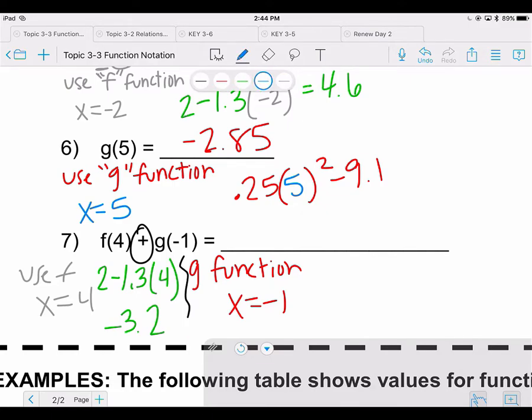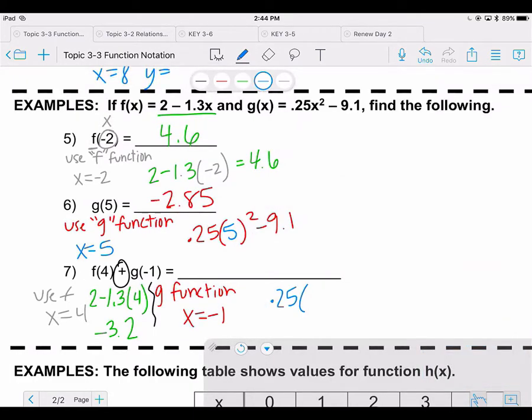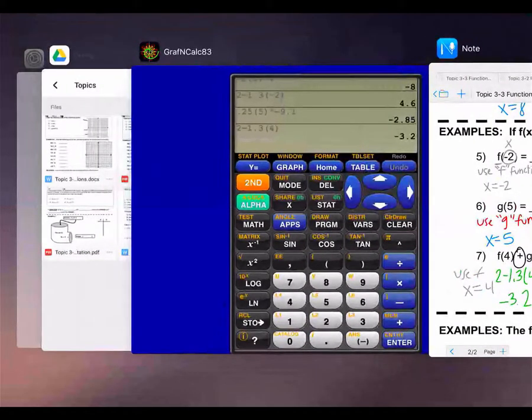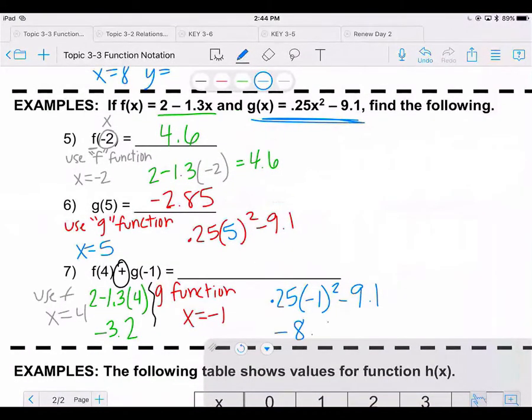And then using the g function, g is that 0.25, plugging in negative 1 for x squared minus 9.1. So again, using the g function up here. In my calculator, 0.25 times negative 1 squared, minus 9.1 is negative 8.85. And then remember, they want us to add these.